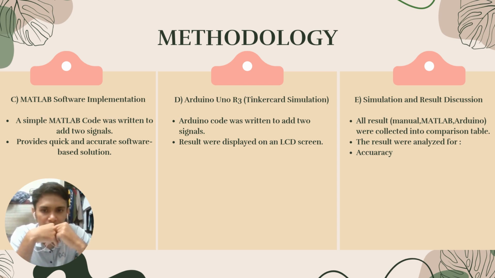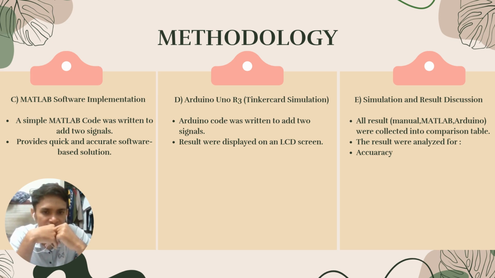A simple MATLAB code was written to add two signals, providing a quick and accurate software-based solution. And D. Arduino Uno R3 using Tinkercad simulation. The Arduino code was written to add two signals. Results were displayed on an LCD screen.